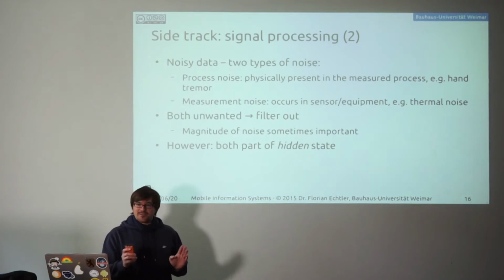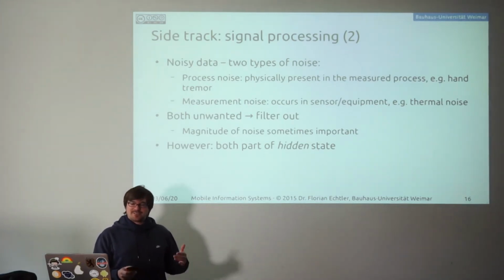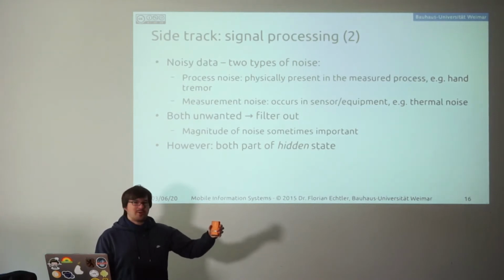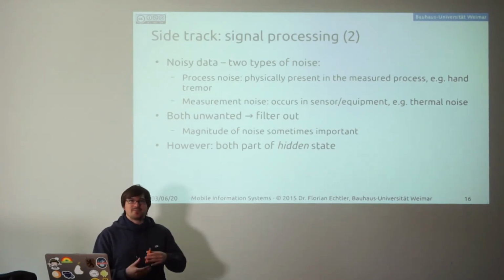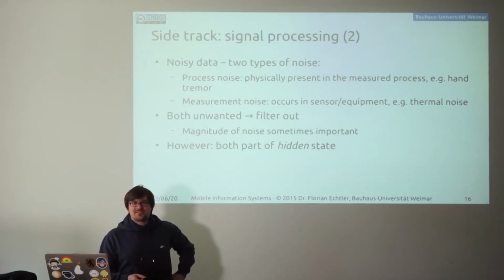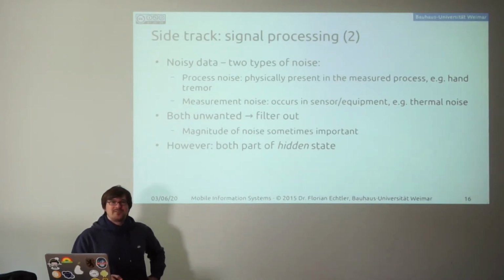We don't want either one, but the one is the so-called process noise. That means if I hold my mobile phone in the hand and try to keep it still, then just because of my muscles and my heartbeat and so on, the mobile device will still vibrate a little bit. This is so-called process noise. It's not something we want to measure, but it's physically present in the motion of the mobile device, for example.